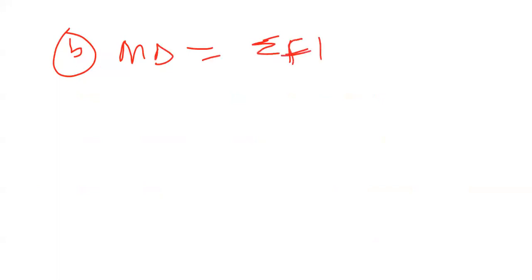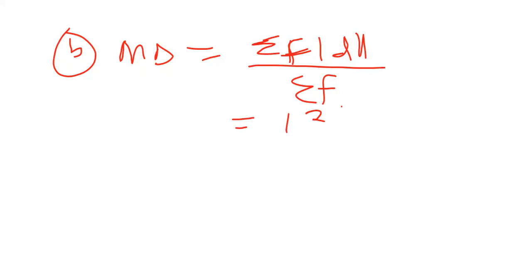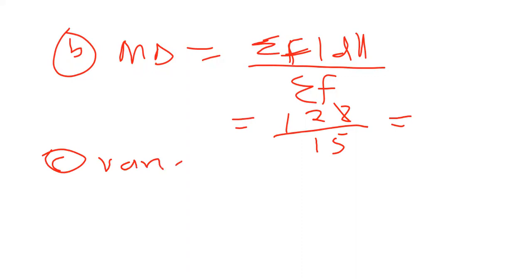Our B is mean deviation. So mean deviation will be summation of F, positive value of deviation, all over summation of F. I hope that one will go 128 all over 15. Divide, what do you have? 8.53. Good, that one is gone.